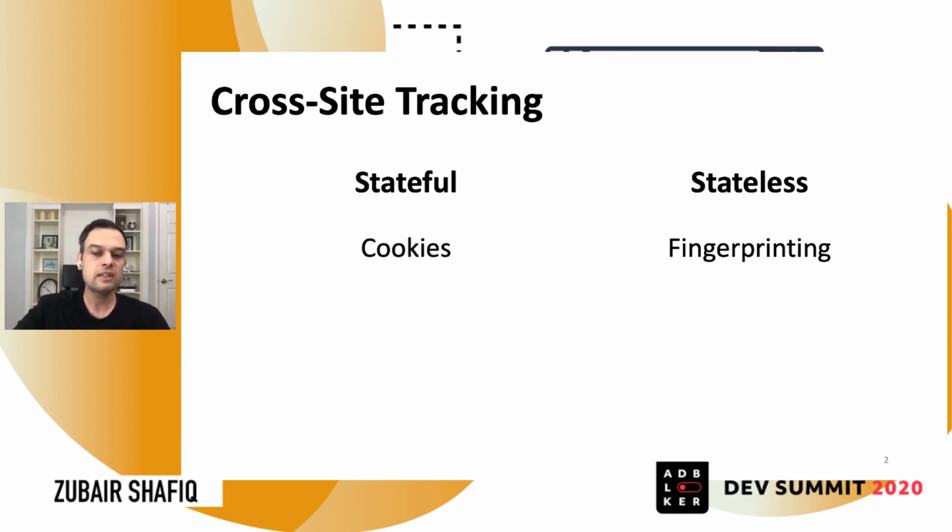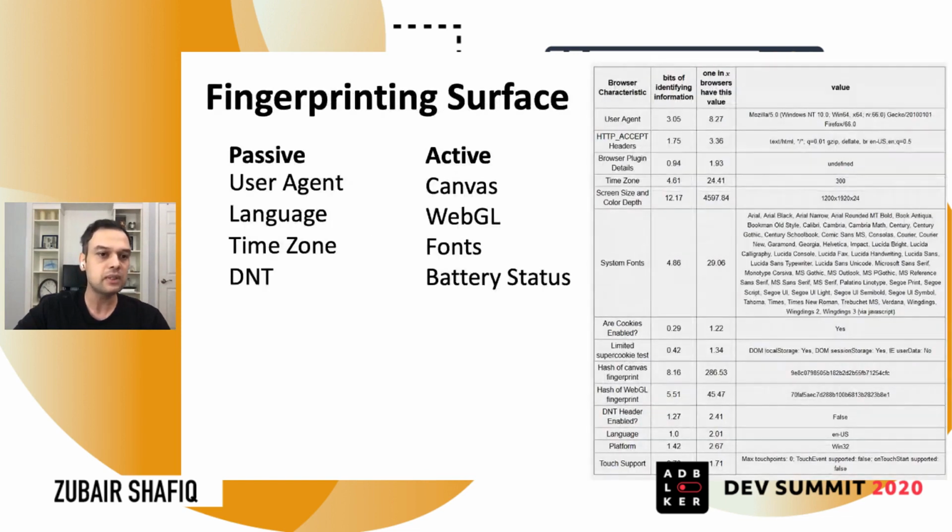Now, fingerprinting can happen in several different ways. At a high level, these can be categorized into two types. The first one is passive fingerprinting, where the server passively gathers distinguishing information at the server side. This information is primarily gathered from HTTP headers, which, for example, include things like user agent, time zone, and any other flags which might be set in the HTTP request headers.